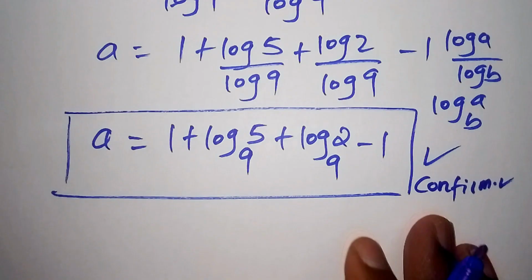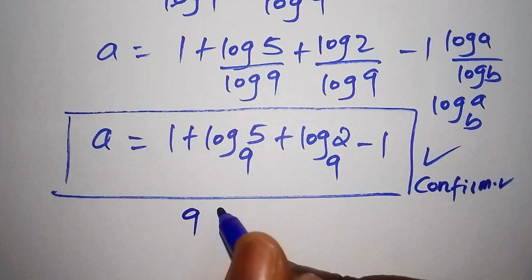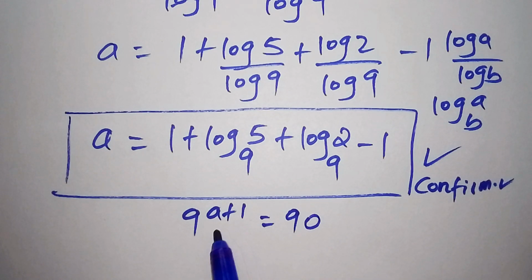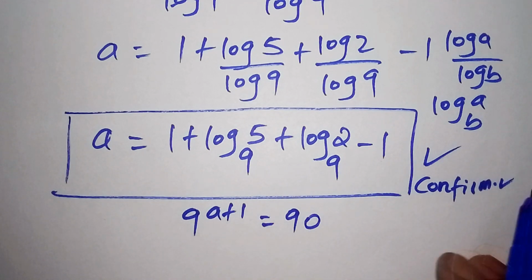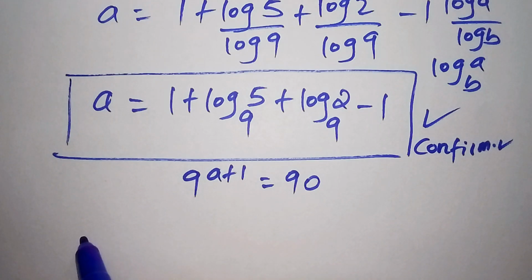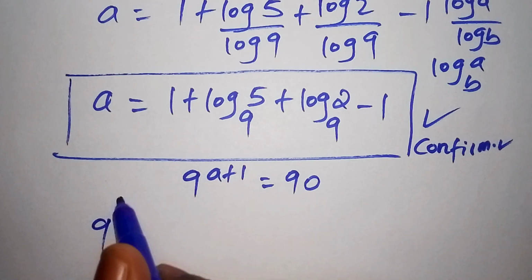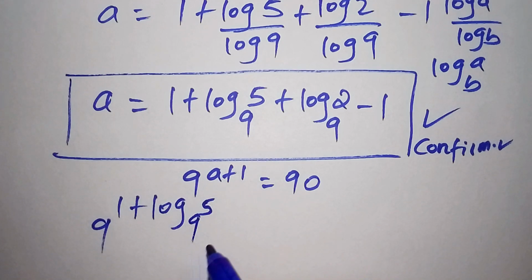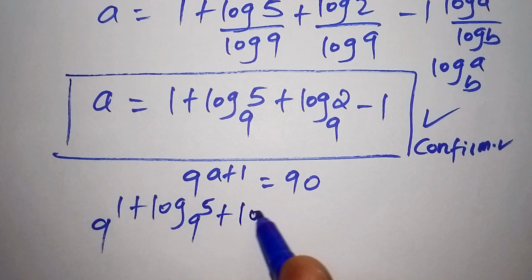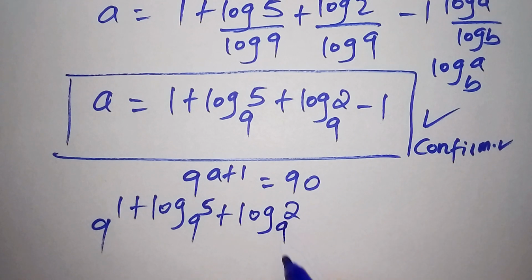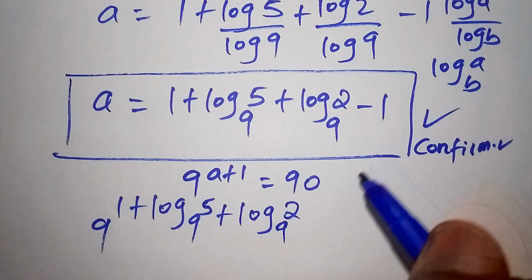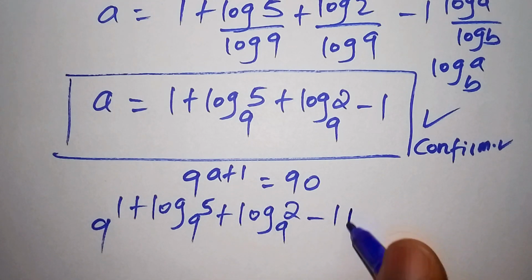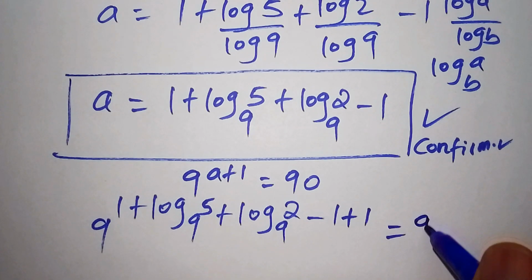So let's now confirm if this answer is really correct. Our maths problem initially was 9 to the power of a plus 1 equals 90. So instead of writing a, we shall now rewrite the answer that we got to confirm it. So now we shall have 9 to the power of 1 plus the log of 5 to the base of 9, plus the log of 2 to the base of 9, minus 1, and then don't forget plus 1, equals 90.